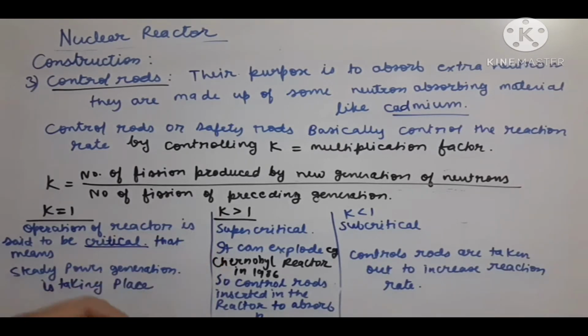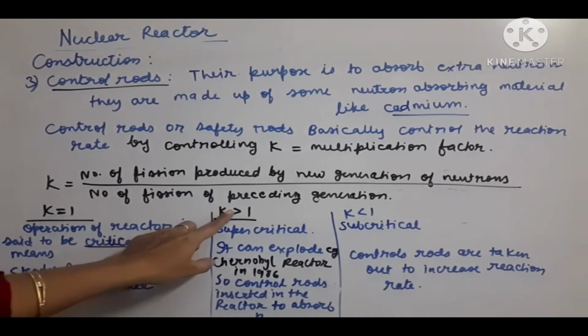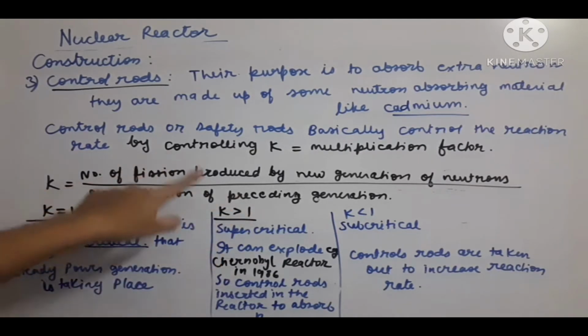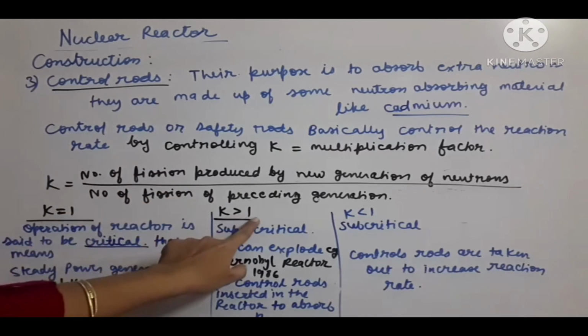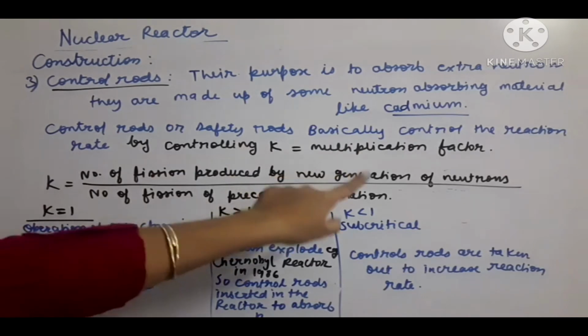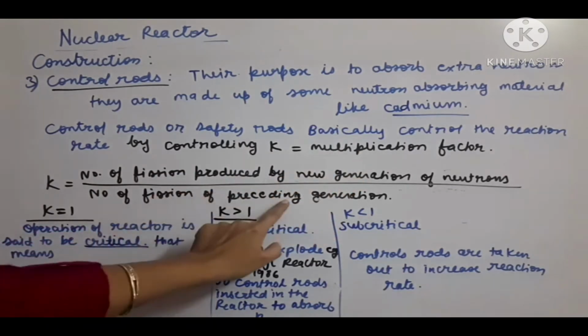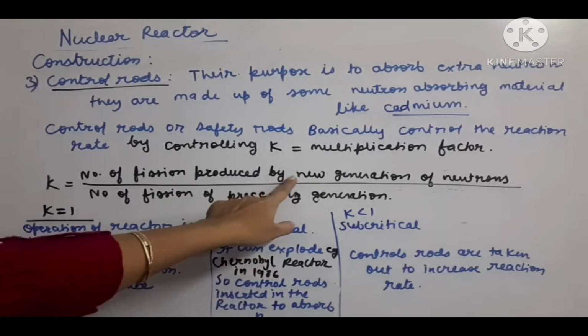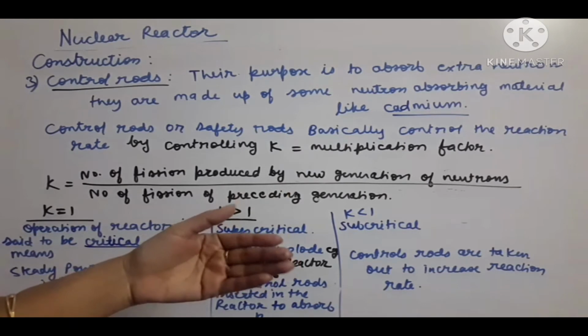Now suppose in any reactor K becomes greater than 1. Just apply it to this formula: K greater than 1 means the number of fissions of the new generation is more than the number of fissions of the old generation. We don't want it, because this can cause explosion, since a huge amount of energy will be produced.